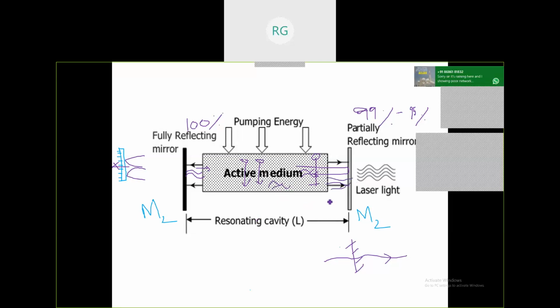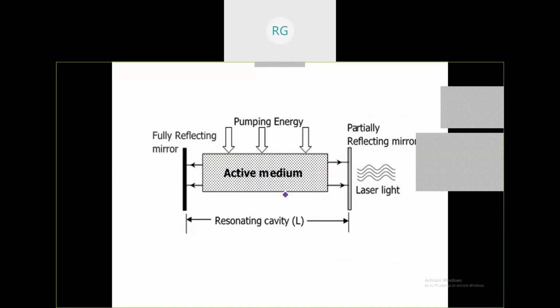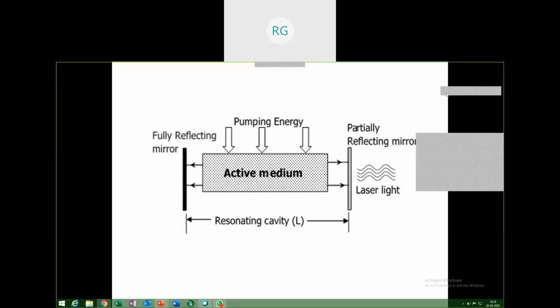And these 4 will come back, and I'll get 8. Likewise, you can see that every round trip of photons between the two mirrors multiplies them.